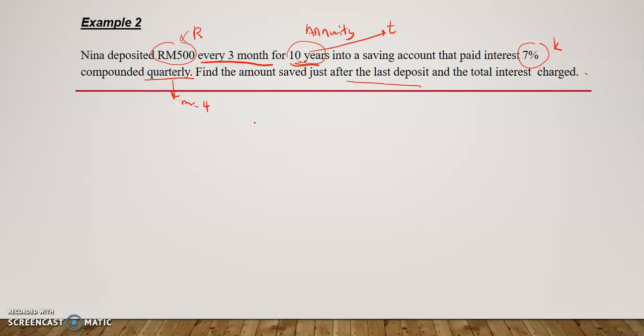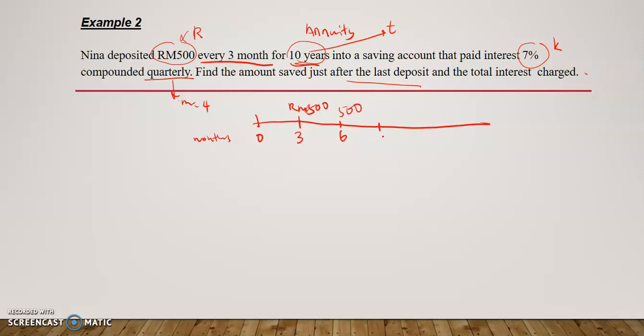In the timeline, 0. This is months, so 3 months, because the investment is every 3 months. At this month here, Nina invested 500 ringgit. The next investment is on the 6th month, 500 ringgit.